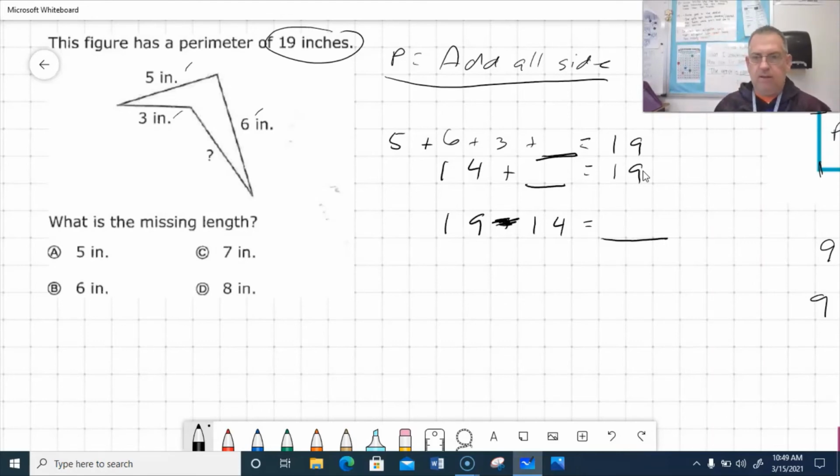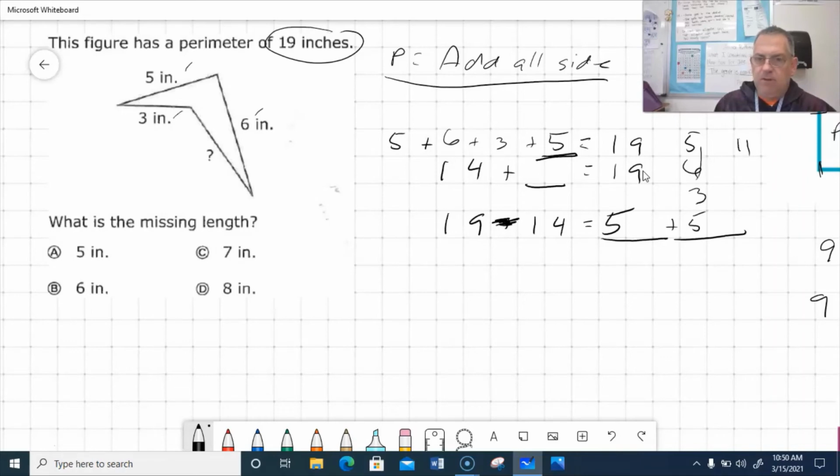So we're going to say that 19 minus 14 equals 5. And we can check that by putting it into our equation right here. So we're saying that 5 plus 6 plus 3 plus 5 should equal 19. And we'll change 5 plus 3 to 11.